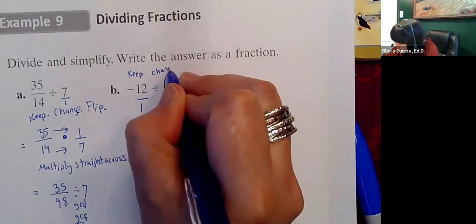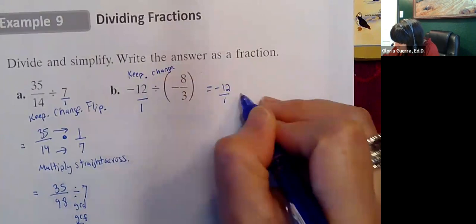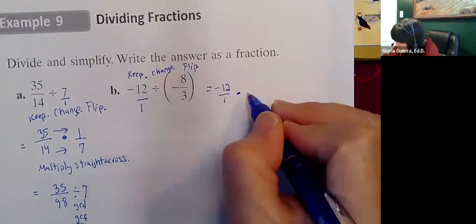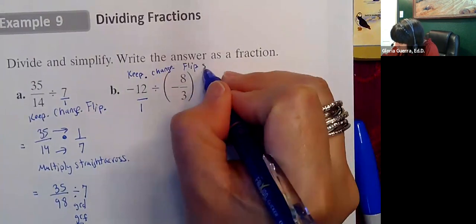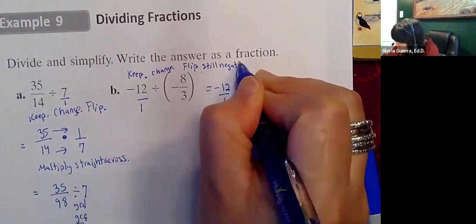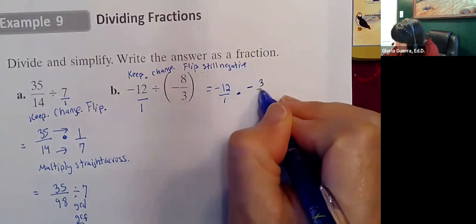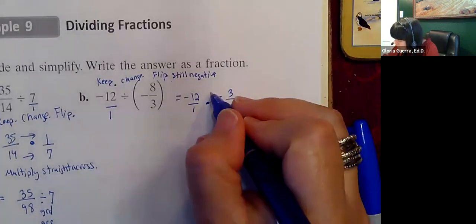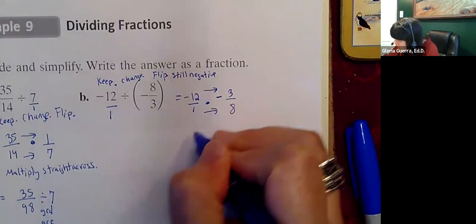Change the division to a times, and then flip. It's still going to be negative when you flip it, but it's going to be 3 over 8. Then I'm going to multiply straight across.